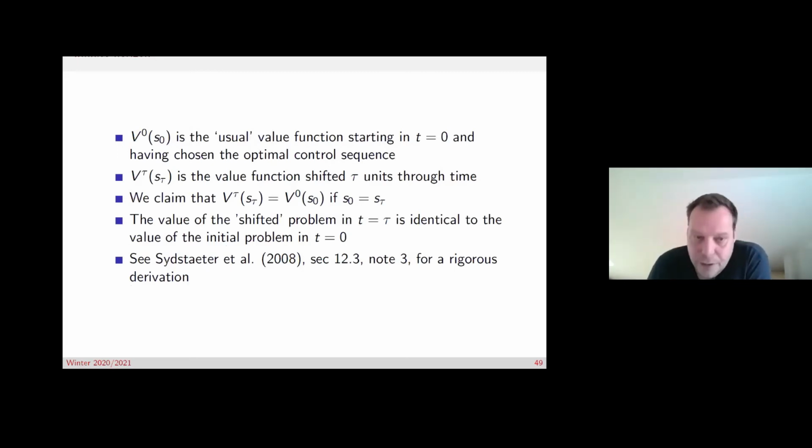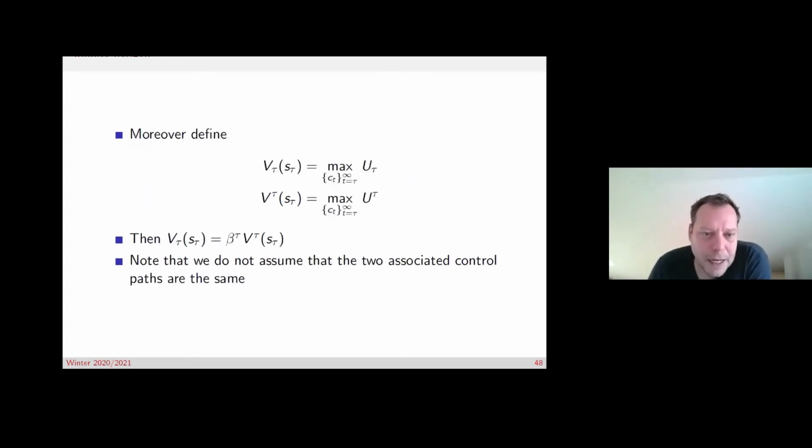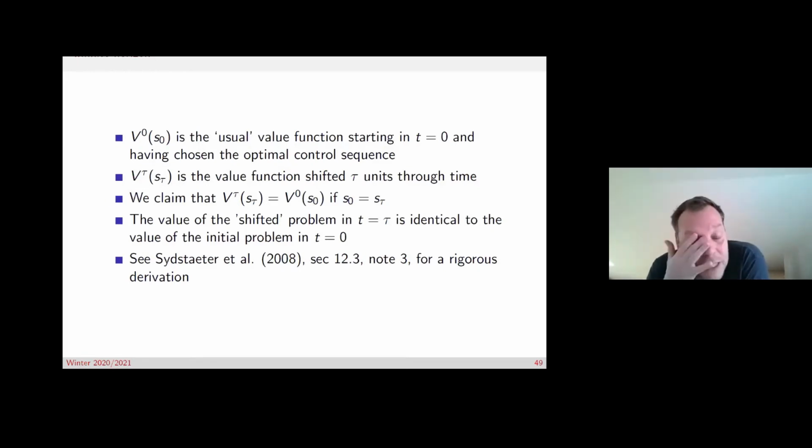I think there is a typo. It must be v index 0 and a superscript 0. This is the standard value function that starts in T0 and choosing the... No, hold on. Sorry. No, this is the standard present value function that you have, and you start just in 0.